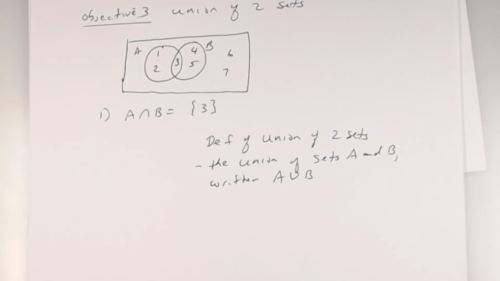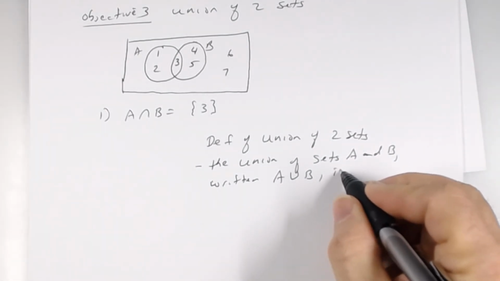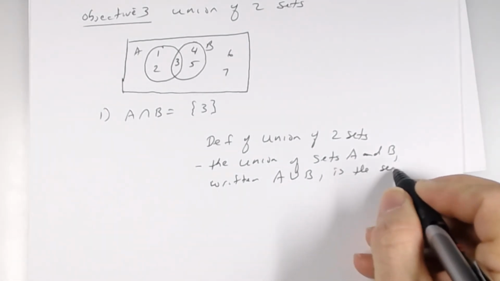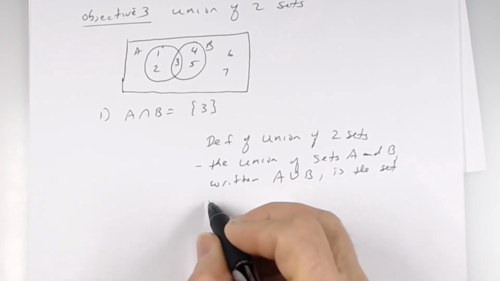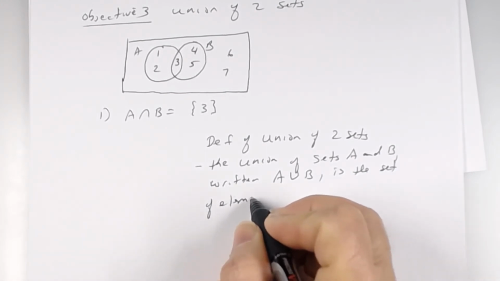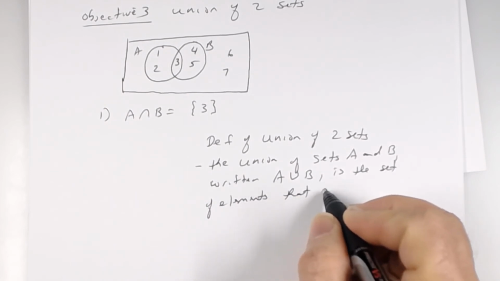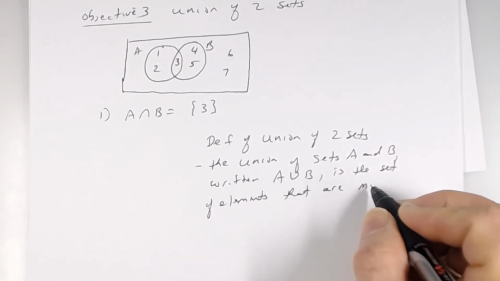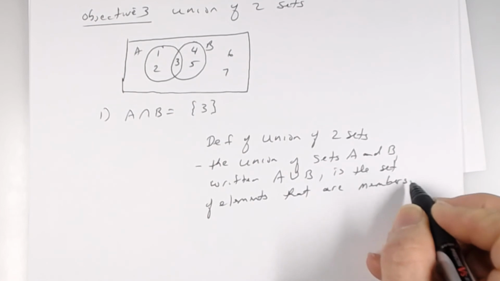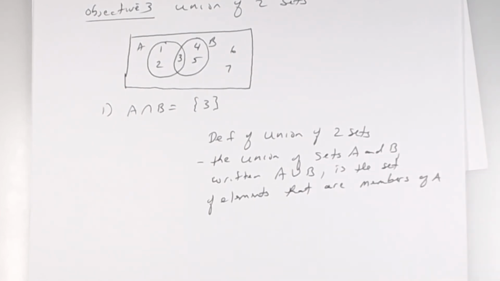So A union B, and this is what it means, is the set of elements that are members of A. Okay, now before I go on, let's think about our definition of intersection.